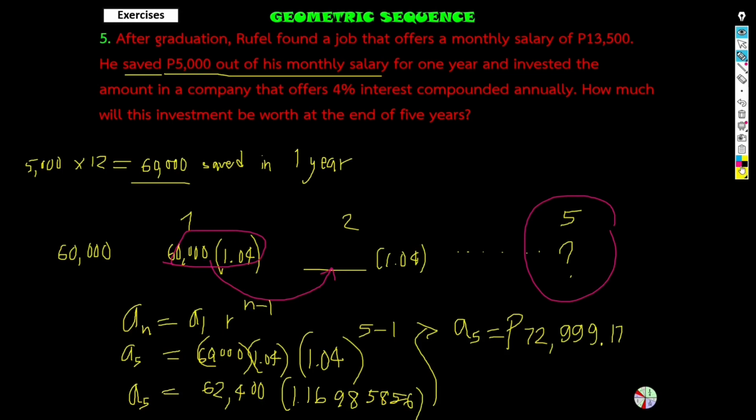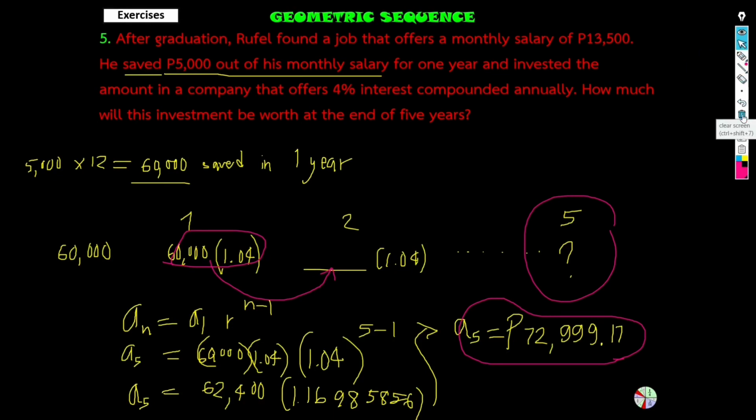Okay, this is the final answer. The investment worth at the end of 5 years will become 72,999 and 17 centavos, from 60,000 saved. That is the answer for number 5.